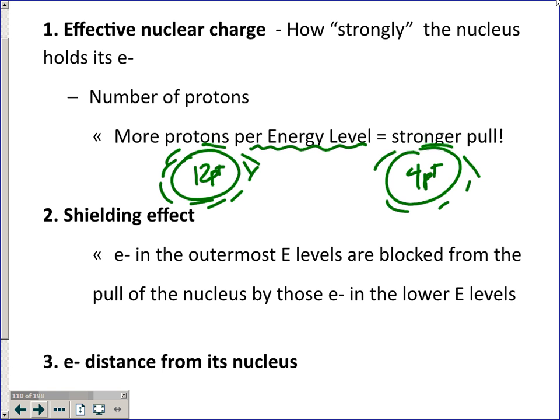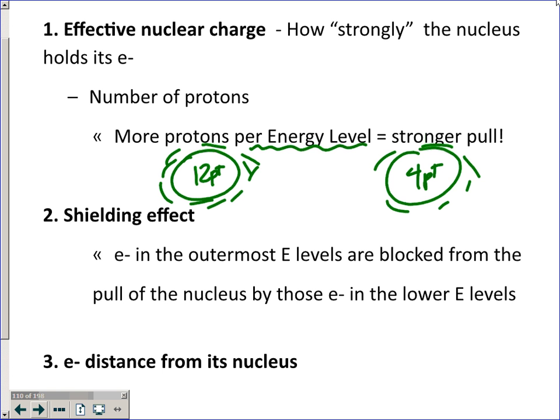So you're super reactive, and there's a reason for that. All these electrons on this row, and this row, and the third row, they're in the way of my positive attraction to the negative charge. So you guys are all in the way. From the perspective of the nucleus, my positive charge can't get to that negative charge because you guys are in the way, so you guys are doing what?